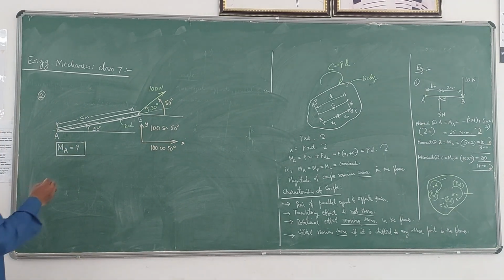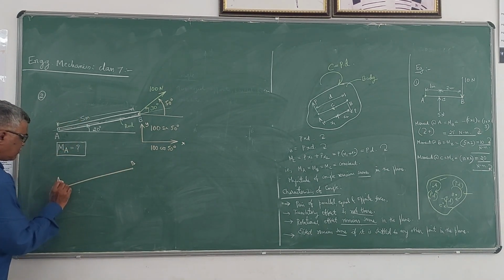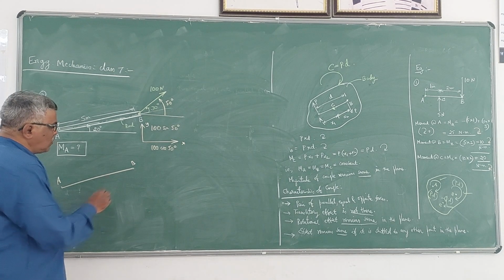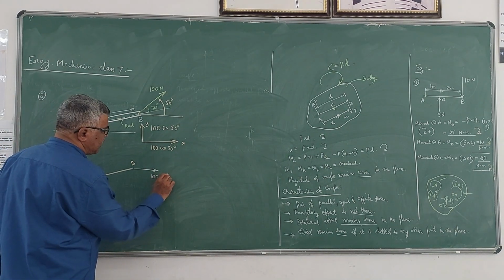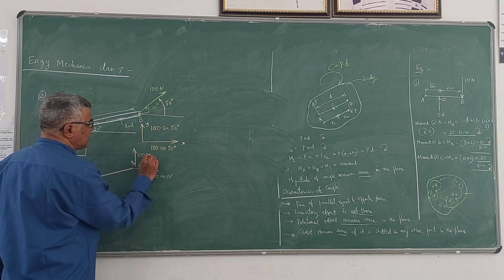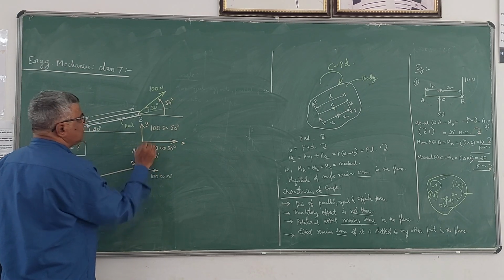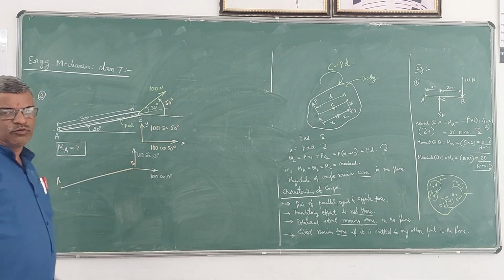Now how to find the distance? Now I write one more diagram. This is AB. Now you have this 100 cos 50 acting like this, 100 sin 50 acting like this. Instead of taking this force, I have taken the component forces.